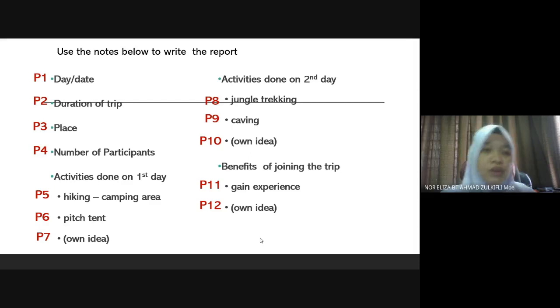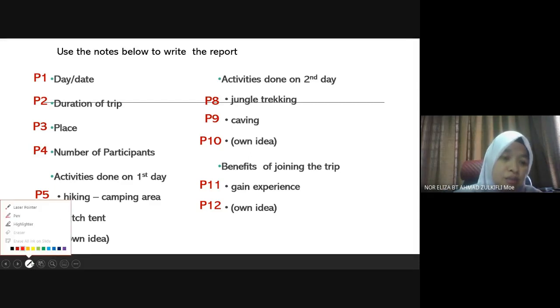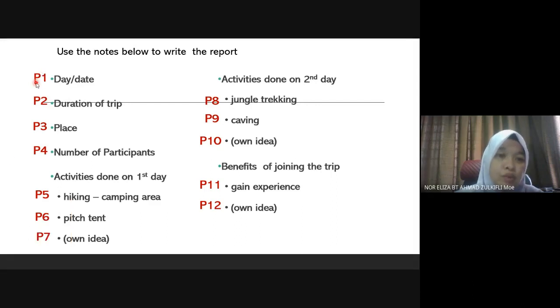This is the question where we have already identified the points. Point number 1, point number 2, point number 3, 4, 5, 6, 7, 8, 9, 10, 11, 12. Okay. Is there any indication here on this particular part of the question that tells you that you have to use the past tense?